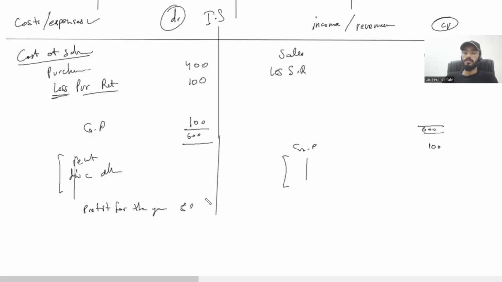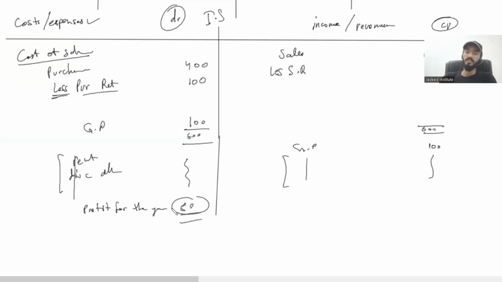Anybody know? Certain amounts will go there for income. Overall, we made a profit for the year of $50. We transferred that to the capital account. The capital account will be credited by 50, but we'll not be getting into that for now.